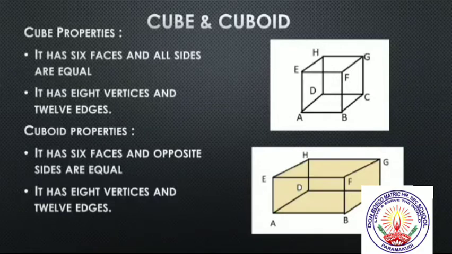A to B is 1 edge, B to C is 1 edge, C to G is 1 edge, G to F another one, F to B another one. These 4 edges make one face. Like that, cuboid has 6 faces. It looks like a rectangle. Do you understand?